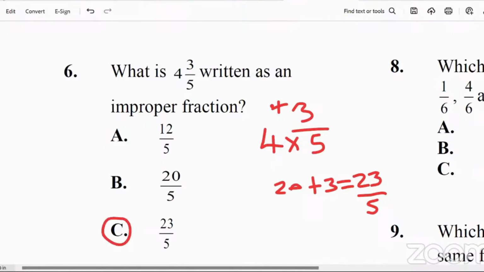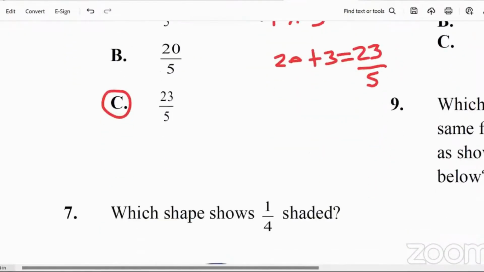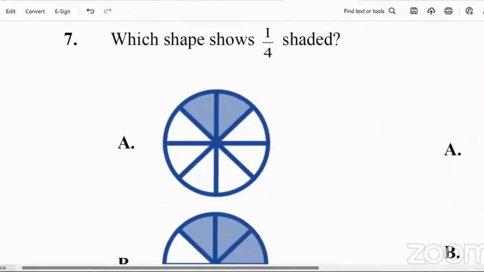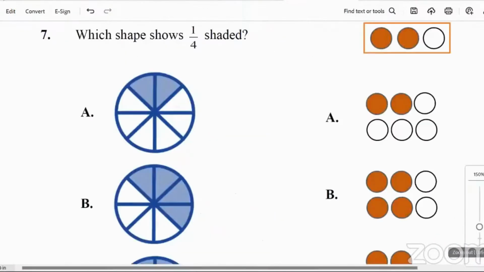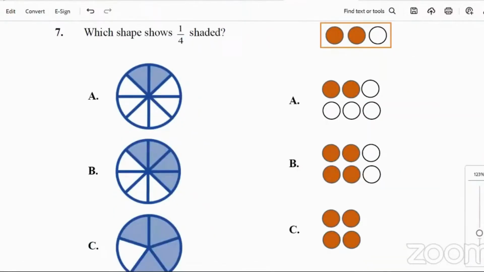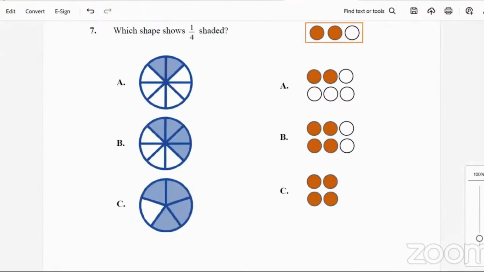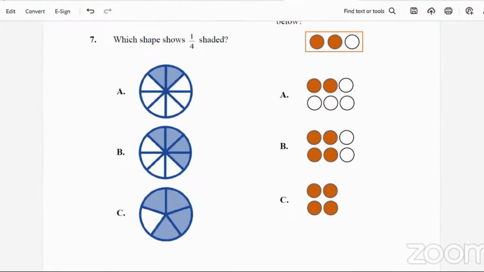Let's get to question 7. Which shape shows 1/4 shaded, or a quarter shaded?